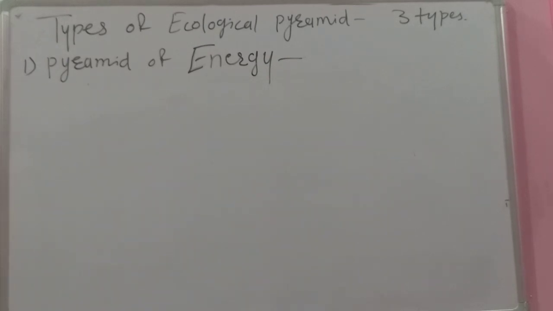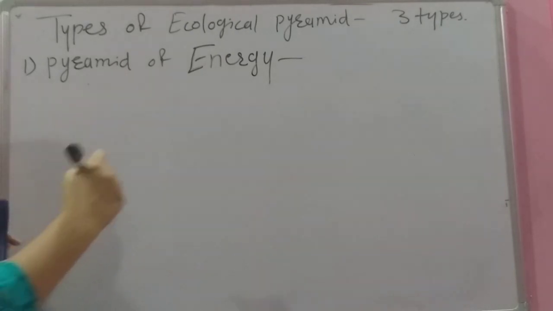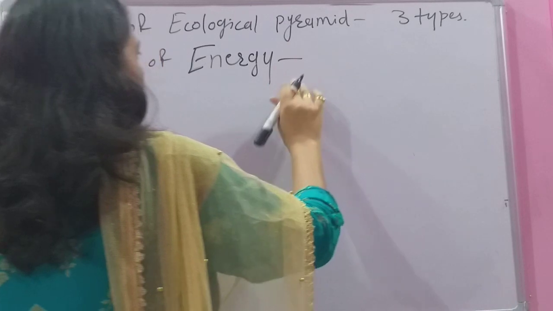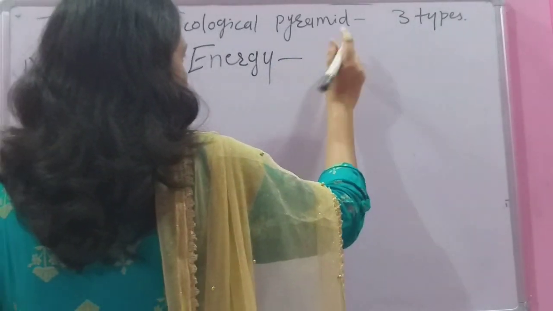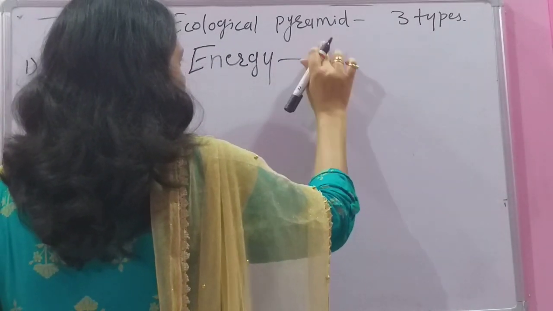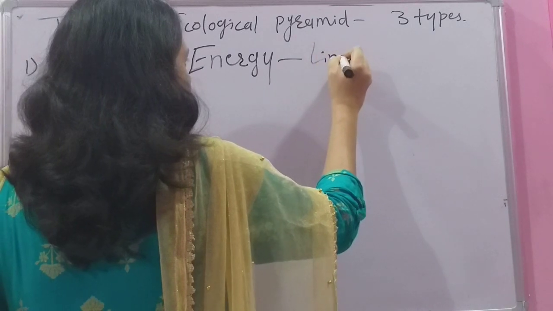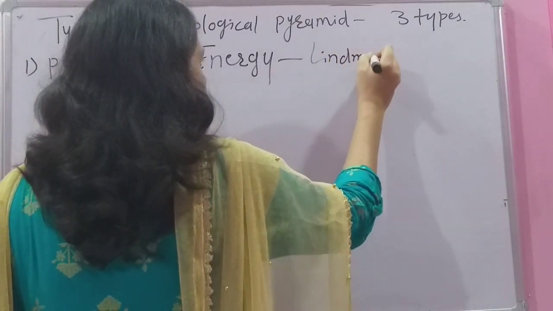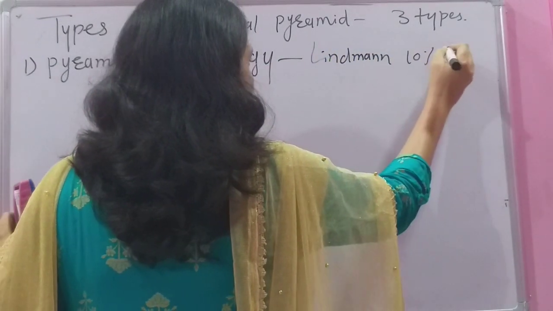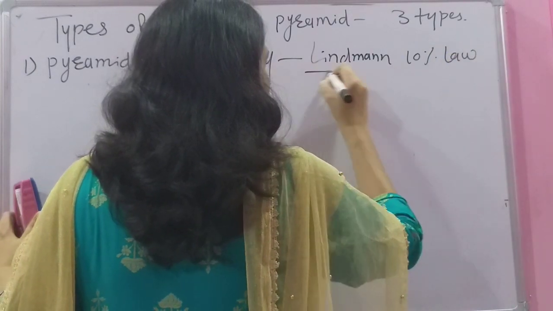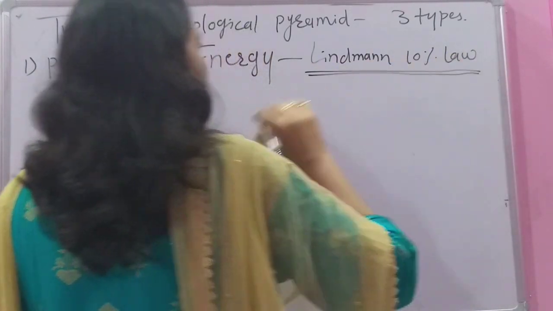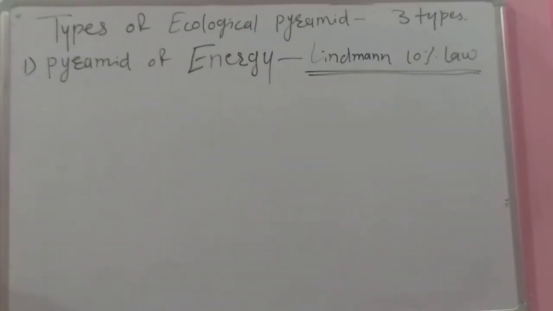This pyramid of energy is the third type of pyramid, based on the Lindemann 10% law. First, let us discuss the Lindemann 10% law.